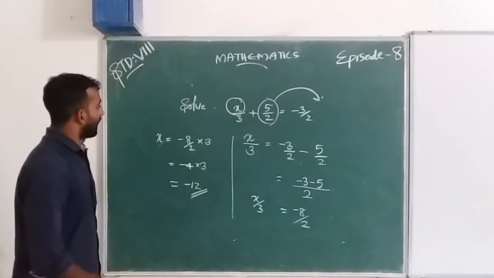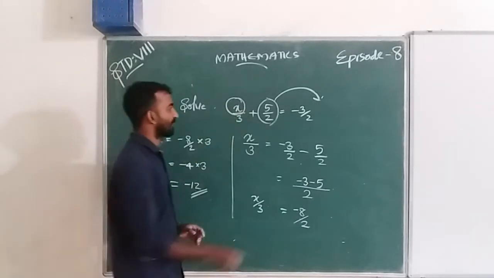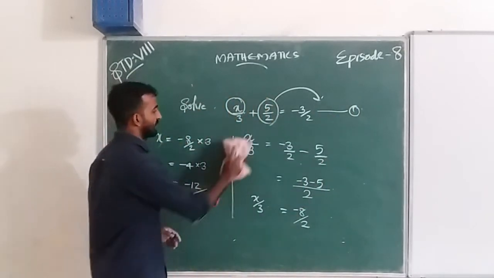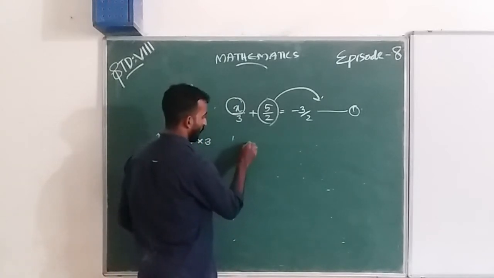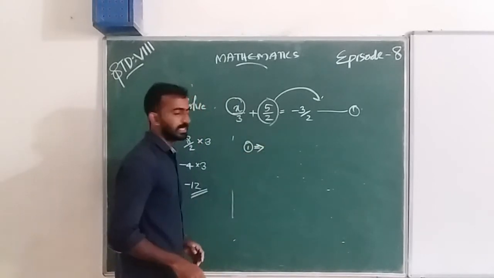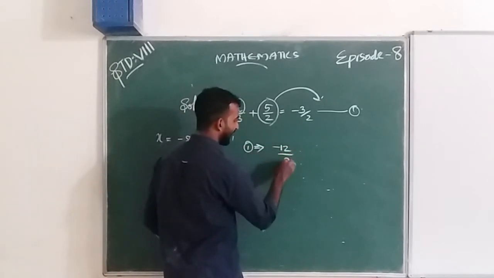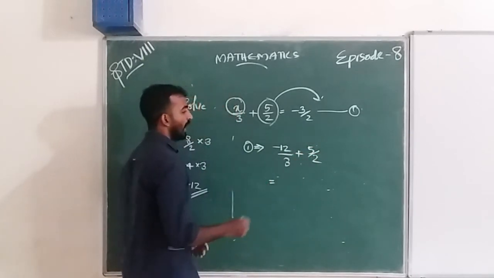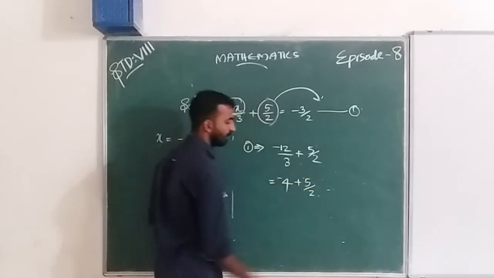We can put the value of x in this equation, which is represented by 1. That is, 1 implies, what is the value of x? Negative 12 by 3 plus 5 by 2 equals negative 4 plus 5 by 2. We know the addition.